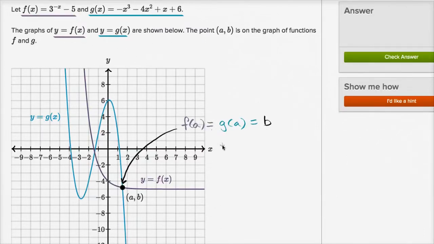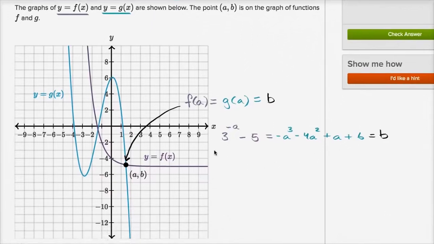F of a is 3 to the negative a power minus 5, and that is going to be equal to g of a. G of a is negative a to the third minus 4a squared plus a plus 6. So you could say this, and that would be equal to that. Either of those would be equal to b.